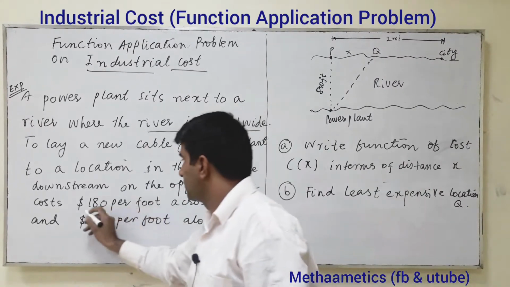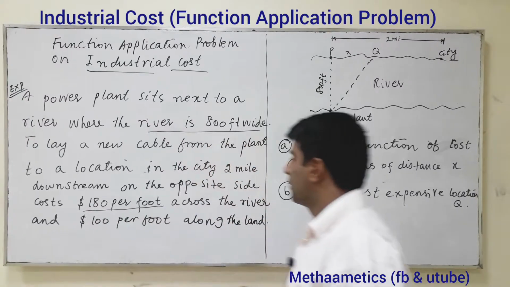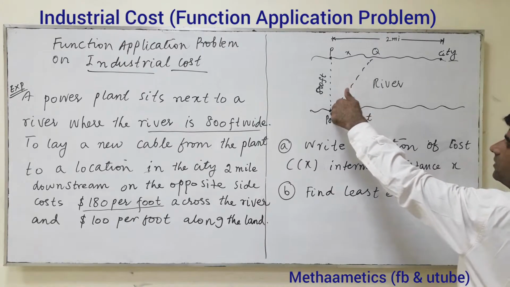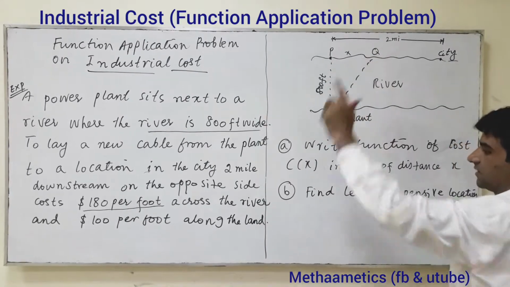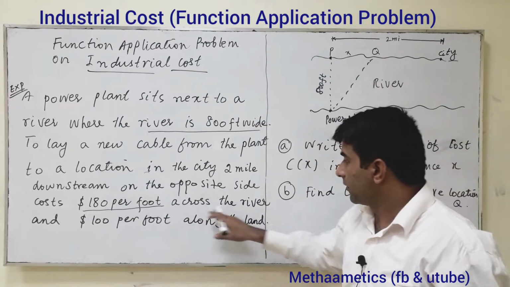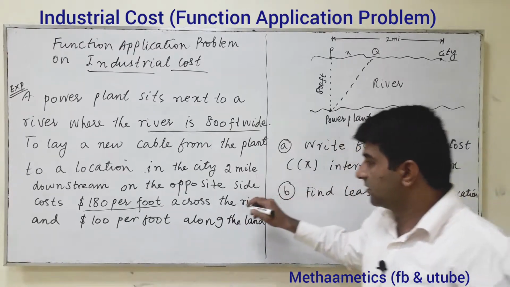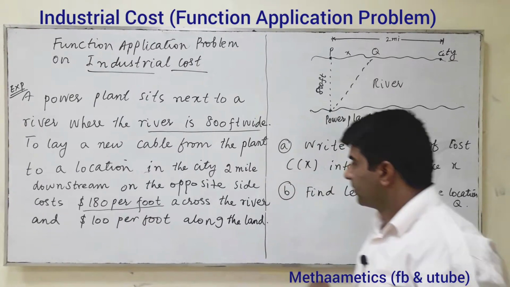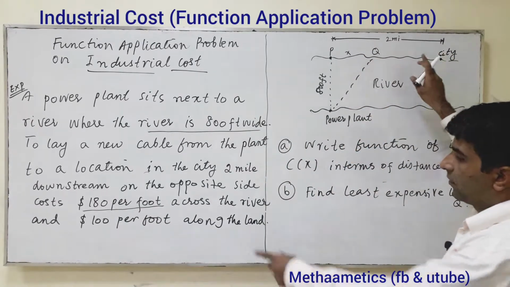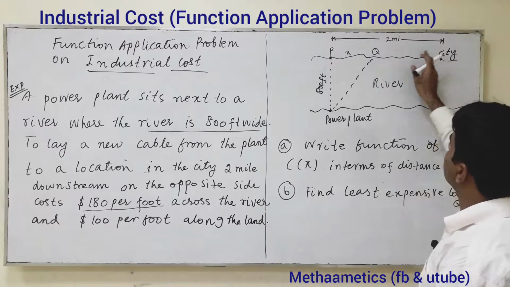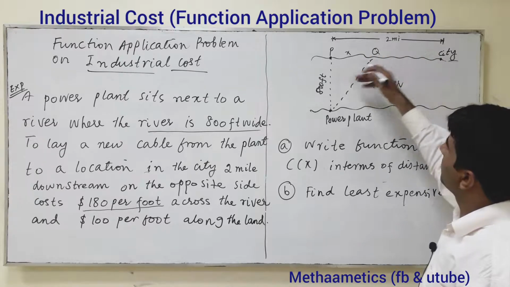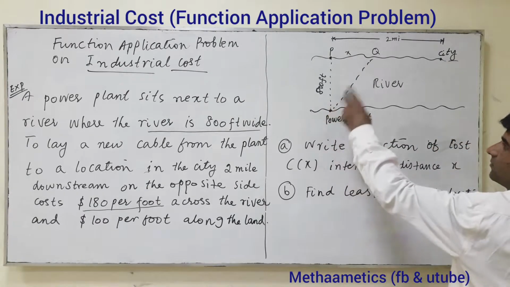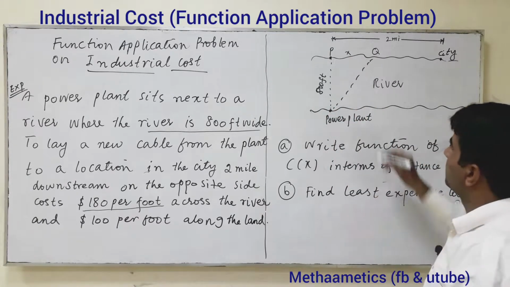It costs $180 per foot across this river, and $100 per foot along the land. Along the land it costs 100 per foot, and across the water, across the river, the cost is 180.